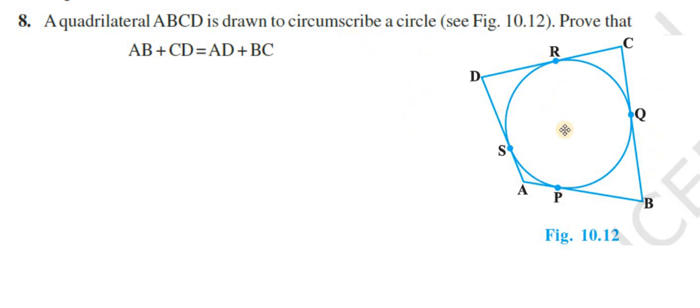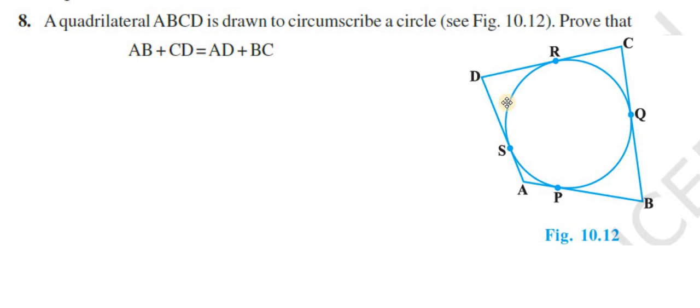Circumscribe a circle means any geometrical figure is drawn outside a circle and touching it. This quadrilateral ABCD touches the circle at all these points. So prove that AB plus CD is equal to AD plus BC.